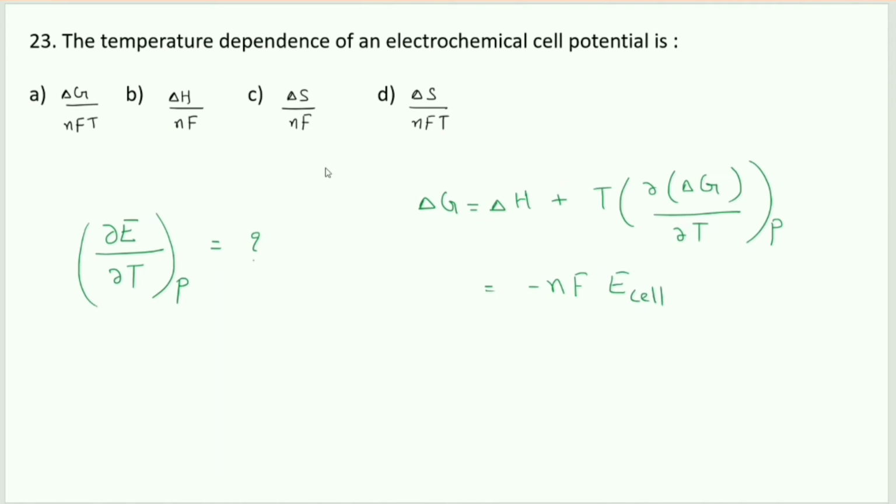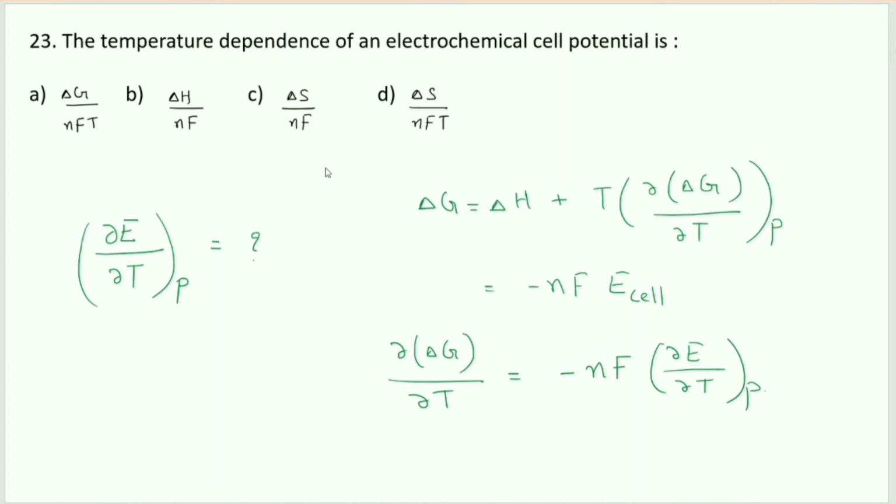Then dou of delta G by dou T equal to minus nF dou E by dou T at constant pressure, just differentiating with respect to temperature.